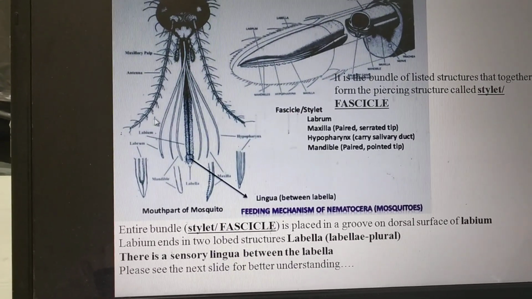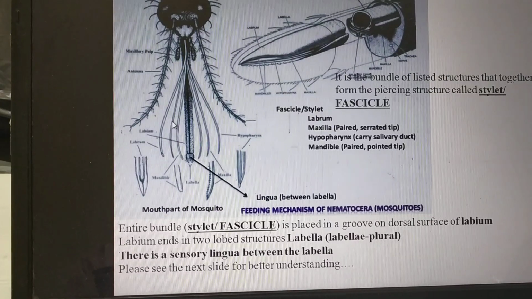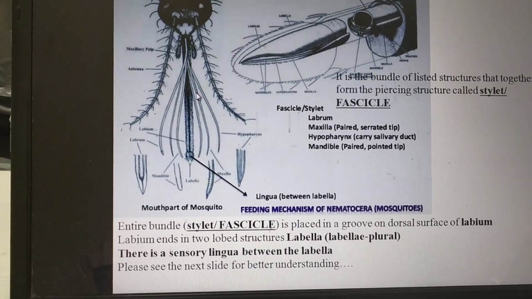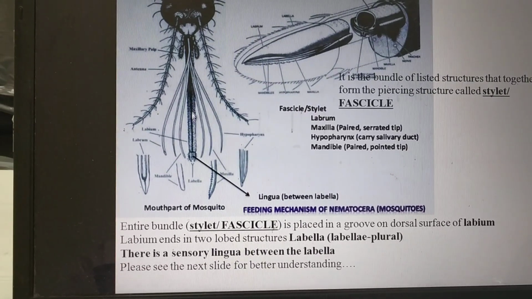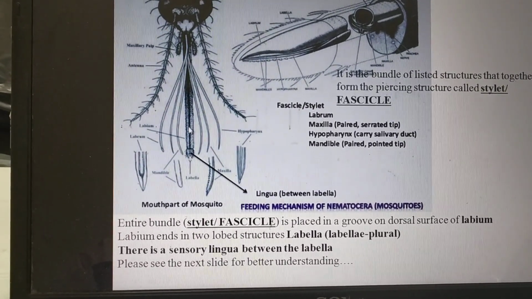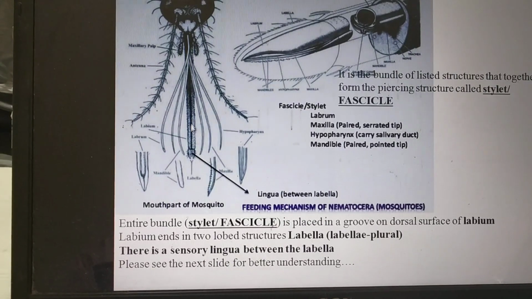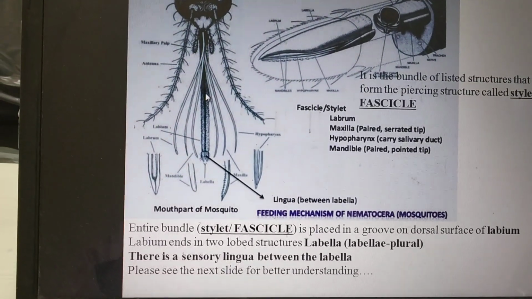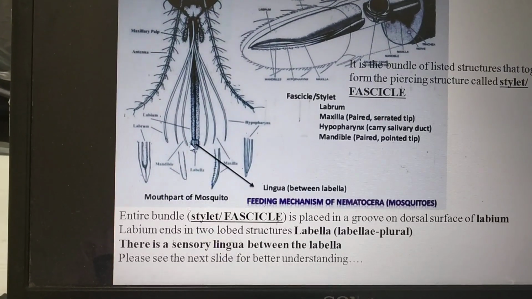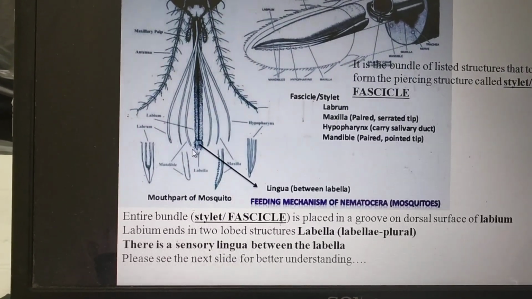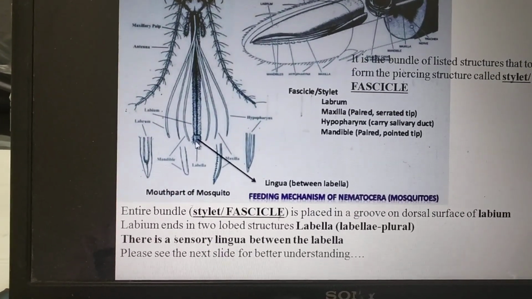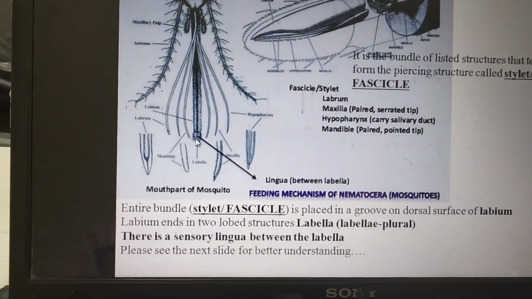So all this, that is the two maxillae, two mandibles, hypopharynx and the labrum, forming the stylet, are all located in this groove of the labium. Now the labium at its end, as you can see here at the tip, has a sensory or swollen structure which is called the labella.